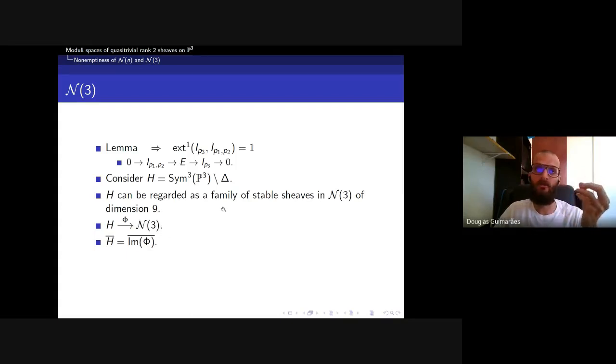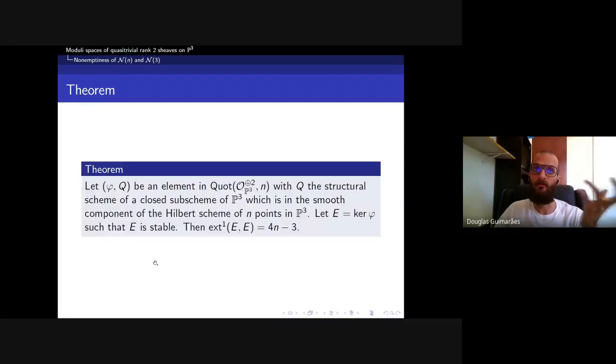And the tangent space of this guy is represented by the Ext^1 of E, E. So we have to compute this dimension here. And this is exactly what is stated here in the next theorem.